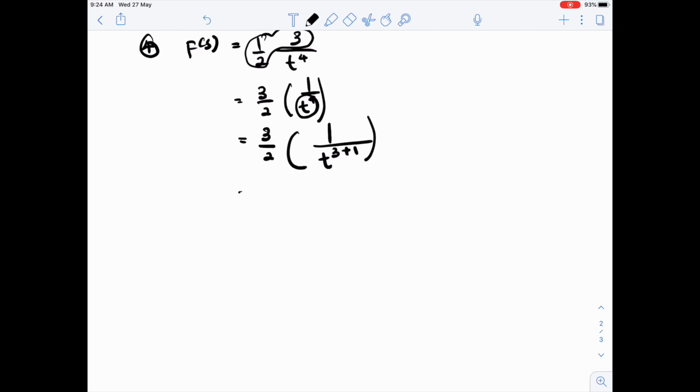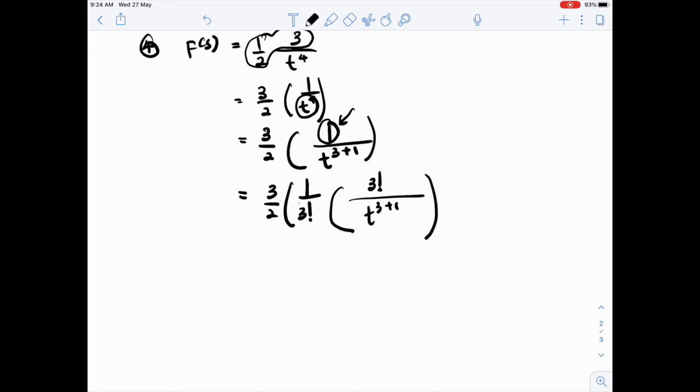Now you may transform it into the function of f(t). However, looking at this one, the numerator should be n factorial. So you want to make it n factorial, where your n here is 3. In order to balance it, we need to divide by 3 factorial.